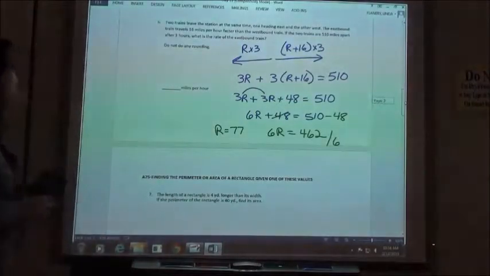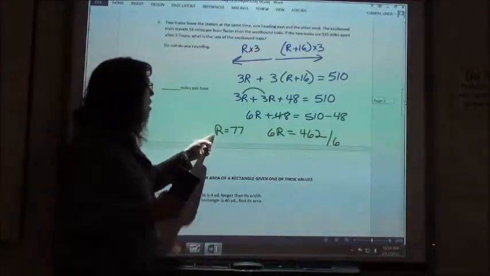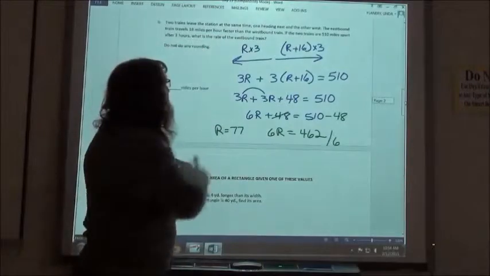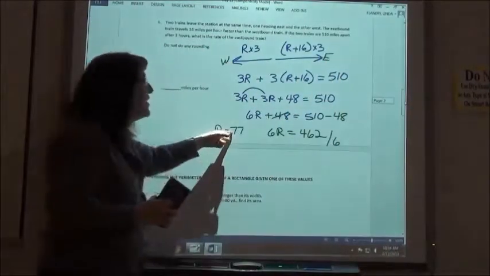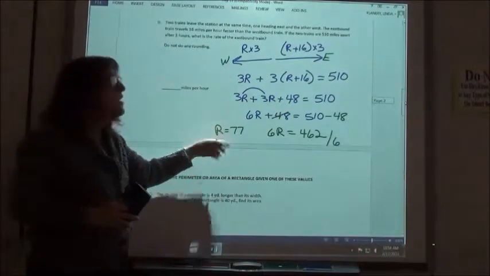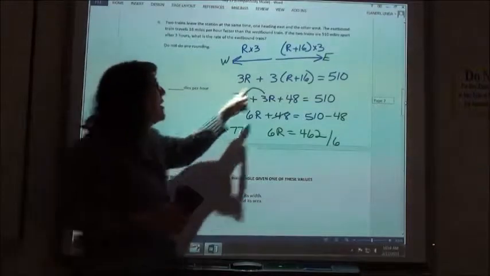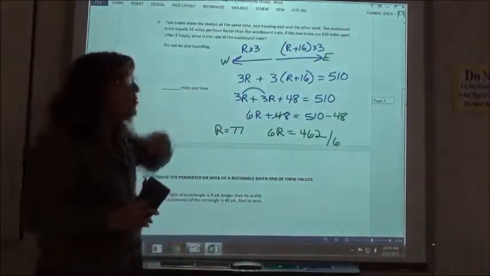Now, the question wants to know what is the rate of the eastbound train. What did we find? We found R, and R was the rate of the one headed to the west, right? This is the west and this is the east. So 77 is not the answer to the question. The westbound train was going 77 miles an hour. The eastbound train was going 16 miles an hour faster than that.